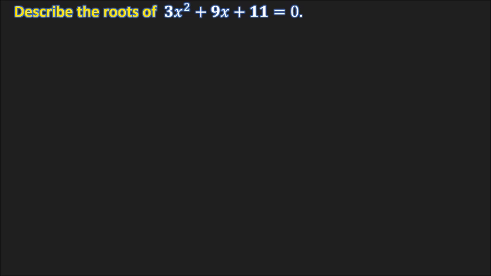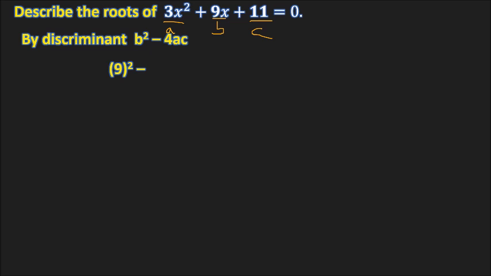Okay, in this example, I will show you the last case in describing the nature of roots of a quadratic equation. Describe the roots of 3x squared plus 9x plus 11 equals 0. Again, let's identify our a. So in this case, it's 3 and b is 9, while our c is 11. After identifying our a, b, and c, we are now ready to substitute them again into our discriminant b squared minus 4ac.